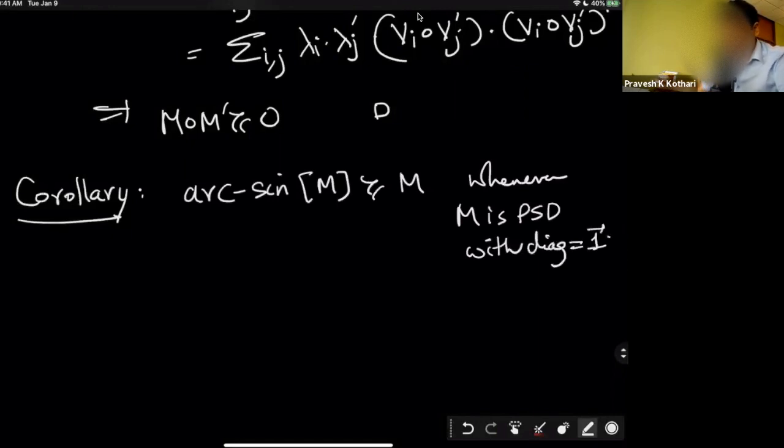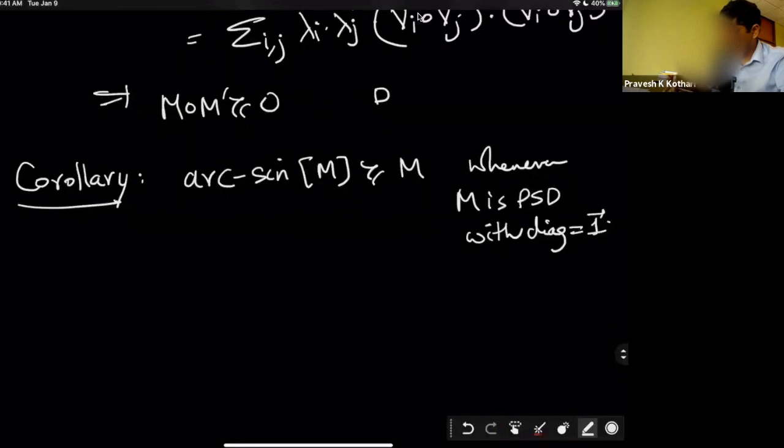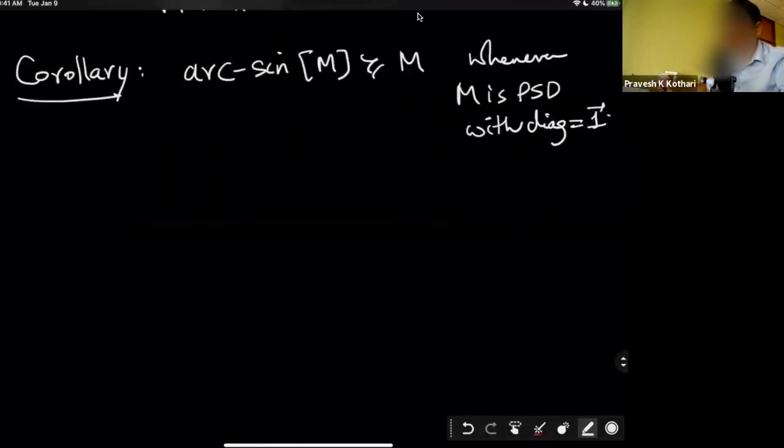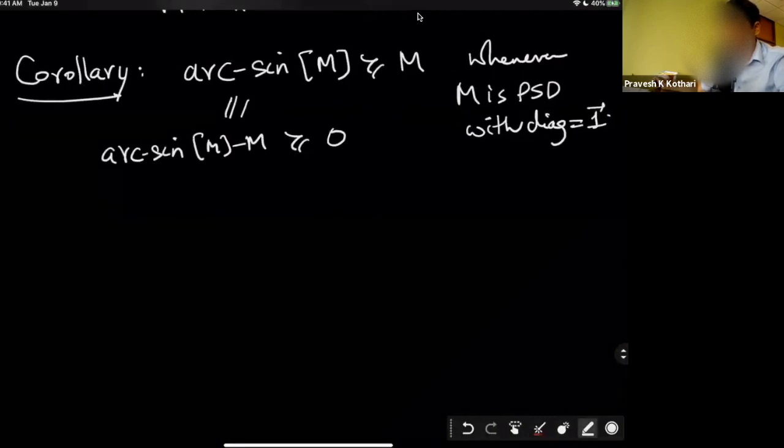For the kind of PSD matrices that we like a lot, for M PSD with diagonals 1, if you apply the function arcsine entry-wise, then arcsine[M] must PSD-dominate M. I guess I never formally defined this to you in homework 0. I'm sure most of you have seen this before. If not, all it means is that arcsine[M] minus M is positive semi-definite.